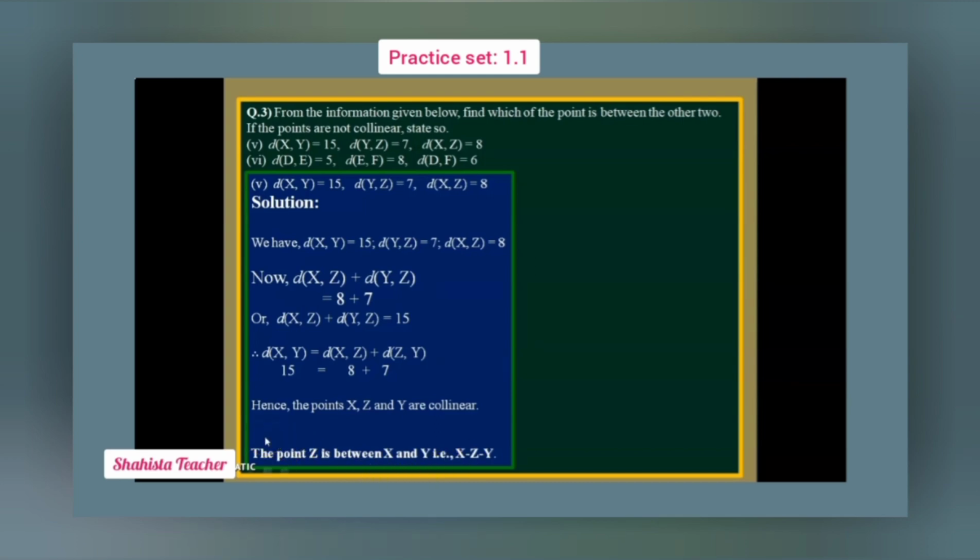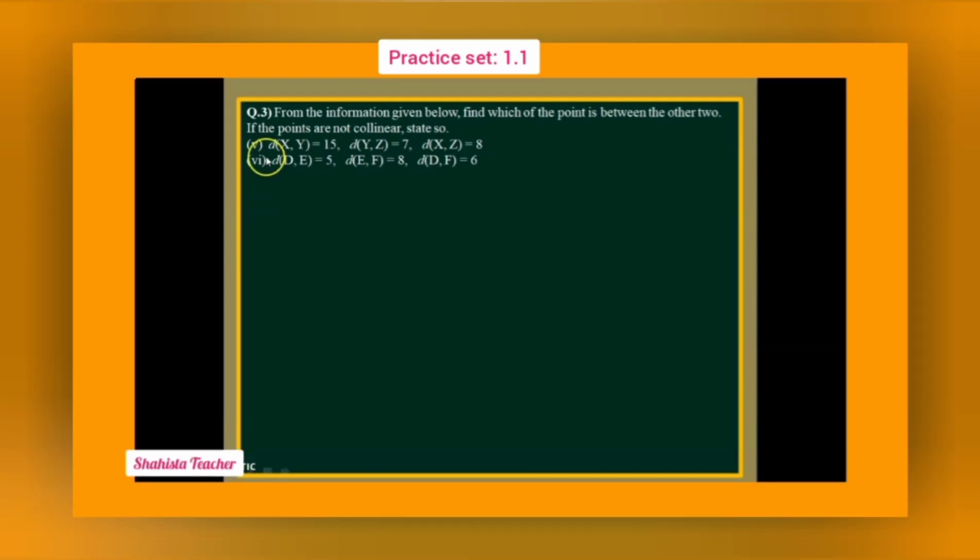Now students, let's solve sub-question 6. Sub-question 5 of question number 3 is distance of x comma y is equal to 15, distance of y comma z is equal to 7, and distance of x comma z is equal to 8.